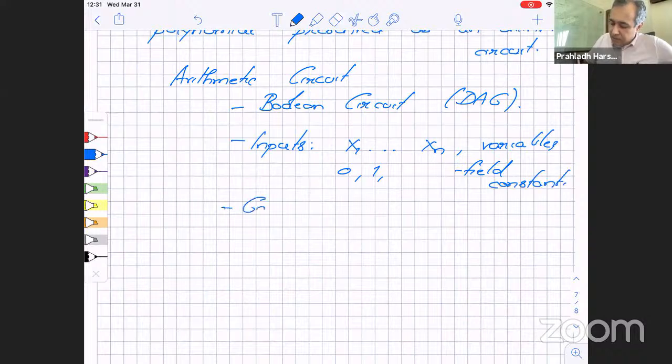And the gates are either multiplication gates or addition gates.